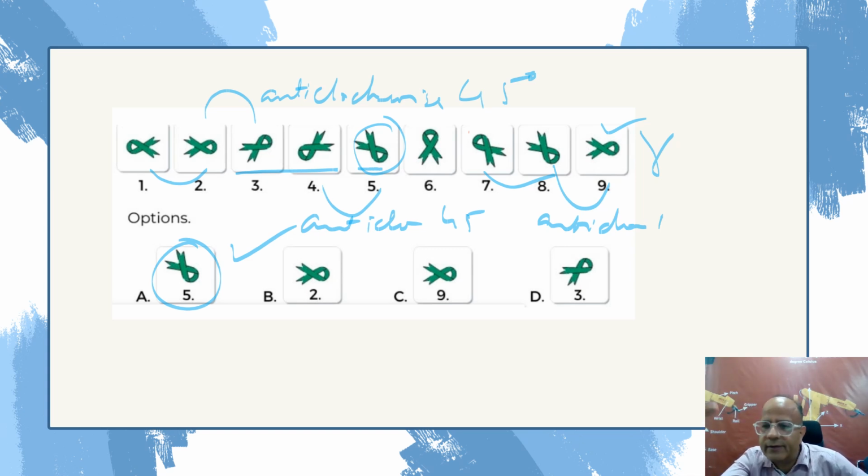Generally, it is a 4 or 5 step pattern which other exams give. So you have to do pattern recognition more number of times. This is where things get a little difficult.